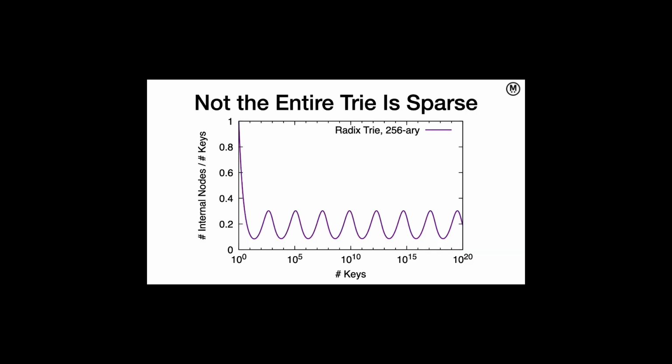Okay, so we saw a bunch of problems, and ultimately it boiled down to the sparsity of radix tries. Do we have any solution? An interesting observation here is, although radix tries are not very good in terms of space overhead because of sparsity, the sparsity is actually contributed mostly by the lower level nodes.